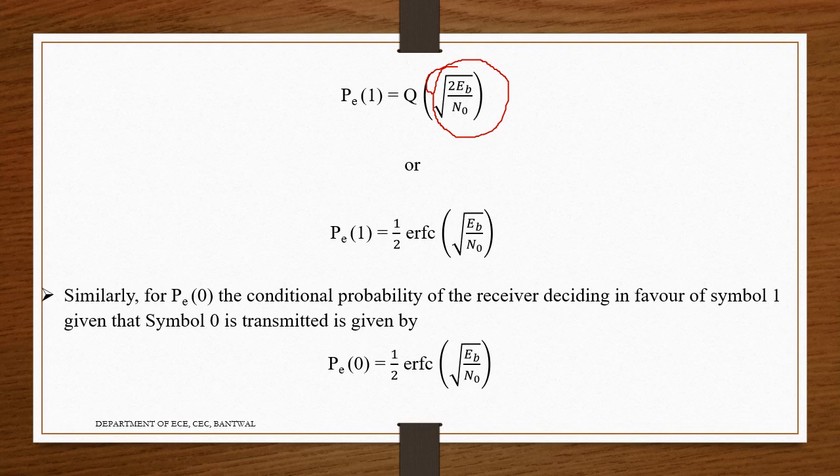Or even you can represent it in terms of the complementary error function, that is, I make it 1 half erfc of square root of Eb by N naught. So similarly for P of 0, the conditional probability of the receiver deciding in favor of symbol 1, given that symbol 0 is transmitted, is given by P of 0 equal to 1 by 2 erfc of square root of Eb by N naught.